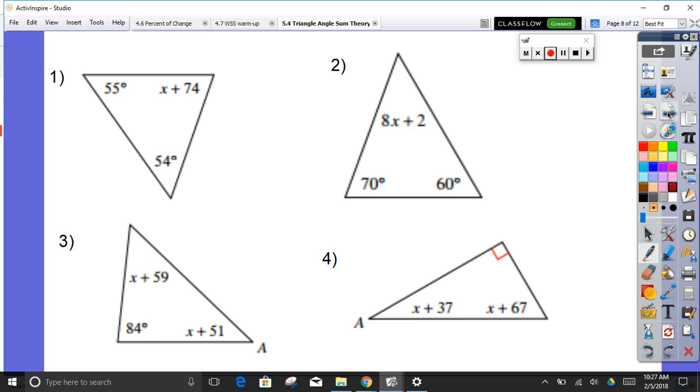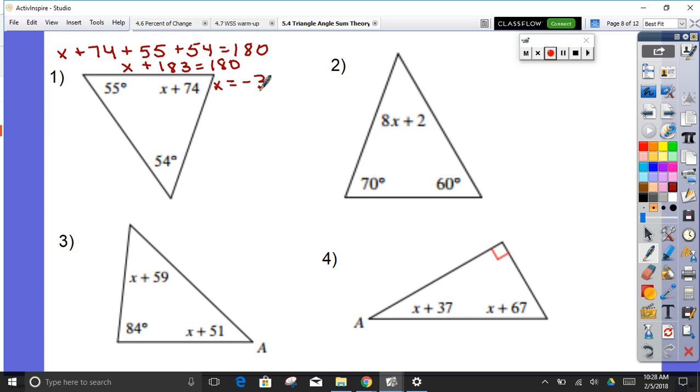All right, so number 1, if we were to write an equation, who would like to volunteer to tell me what that would be? Grace. X plus 74 plus 55 plus 54 equals 180. Good. Okay, so then we combine like terms. I'm just going to do this quickly. We get x plus 183 equals 180, and we get x equals -3.